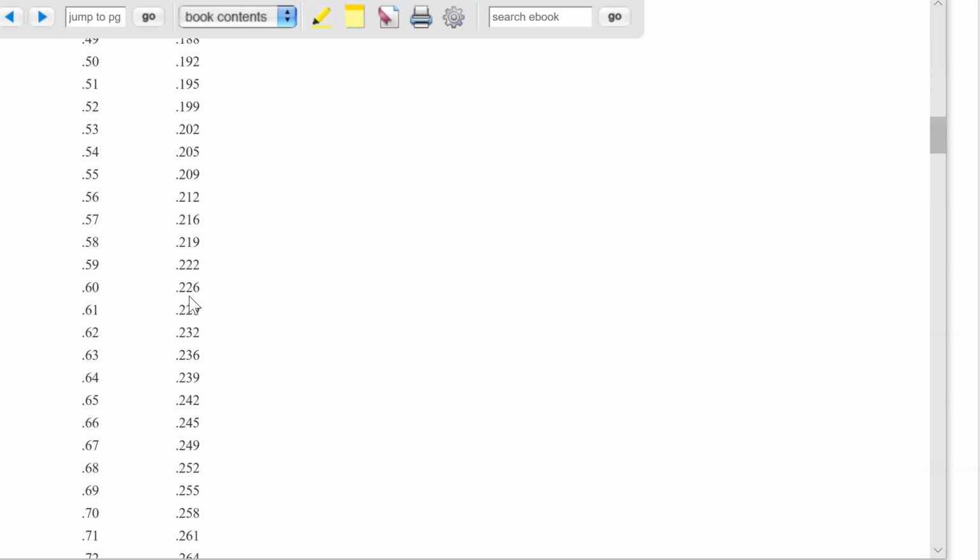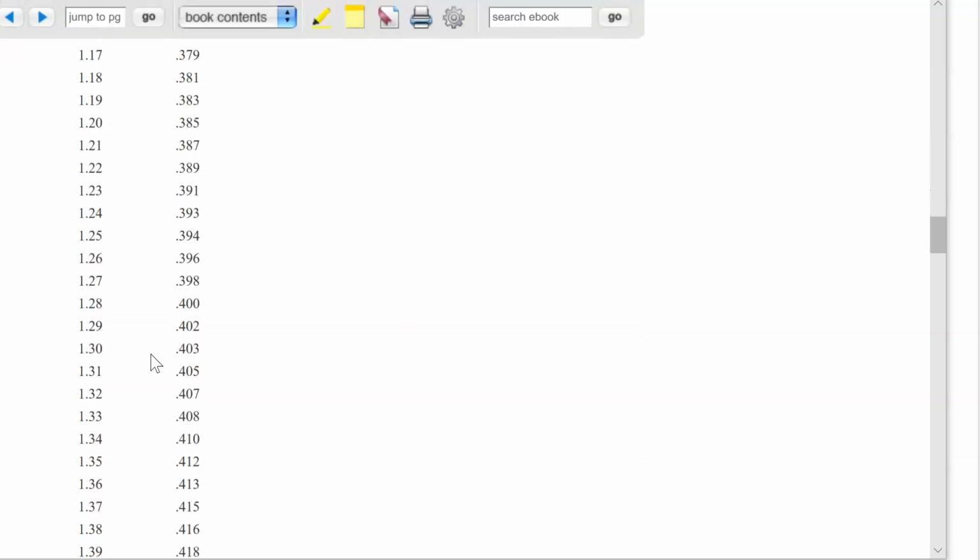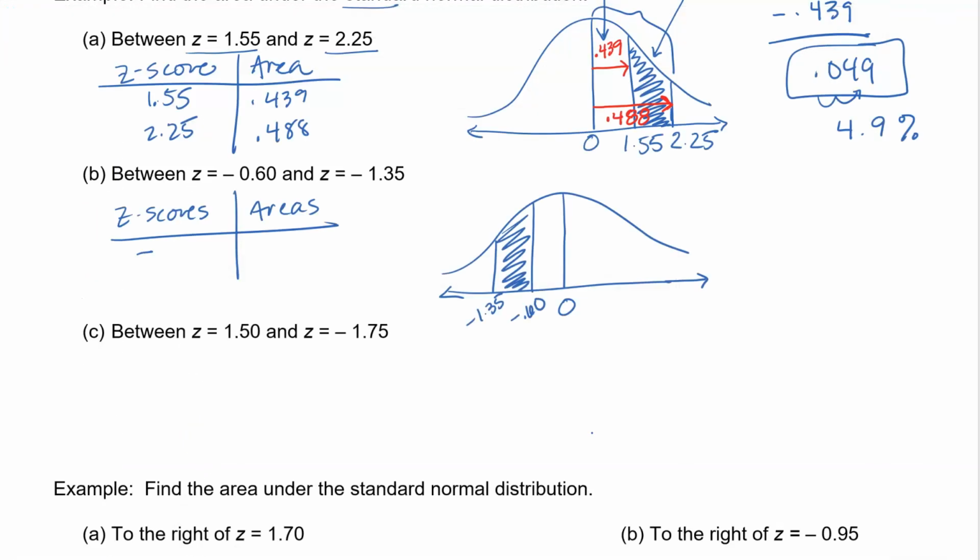So we've got 0.226 for that one. And then if we look up 1.35, we're down here, at 0.412. So I'm just going to write those down. Negative 0.60 has an area of 0.226, and negative 1.35 has an area of 0.412.